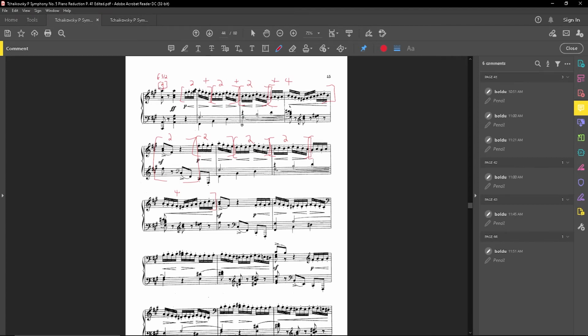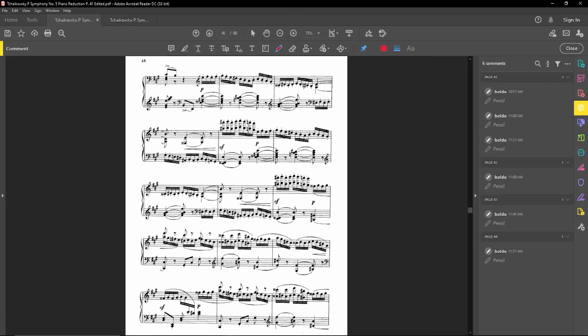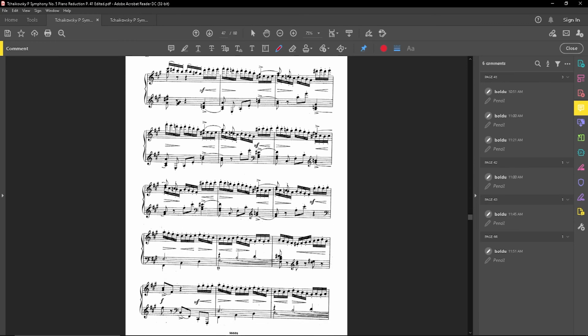So through this section, you have this juxtaposition of groupings of 2s and then longer groupings of 4s, which are just 2s broken up, over a bass line that is in 3/4. This interplay continues for pretty much the entirety of the second section.